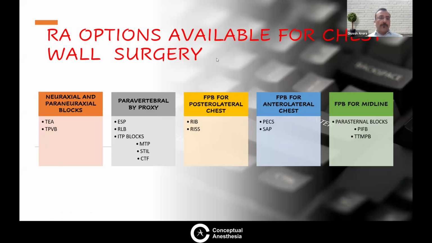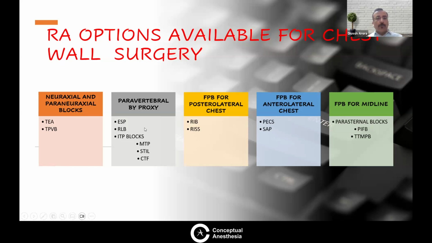So we'll start from the neuraxial and the paraneuraxial techniques, enumerating the classical thoracic epidural and the thoracic paravertebral block. Then we come to a technique which is very simple and similar to them, the paravertebral by proxy. As the name suggests, we are not reaching the paravertebral space directly, but we are depositing the drug at some distance, as we'll be studying in our subsequent slides.